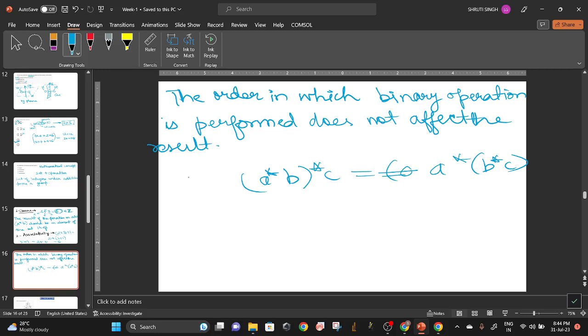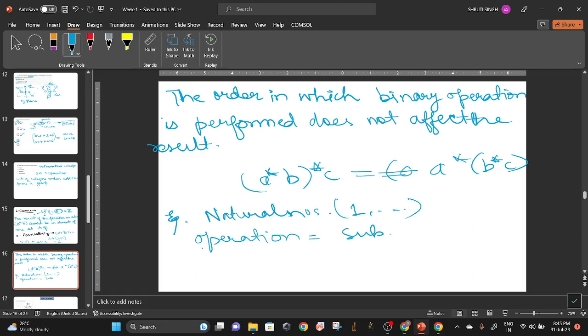I will give you an example of a set which does not follow this criterion. Let's take the set of natural numbers. What is a natural number? Starting from 1, right? And we will take the operation here as subtraction. If I do 1 minus 2, this is a natural number, this is a natural number, and this is my operation.